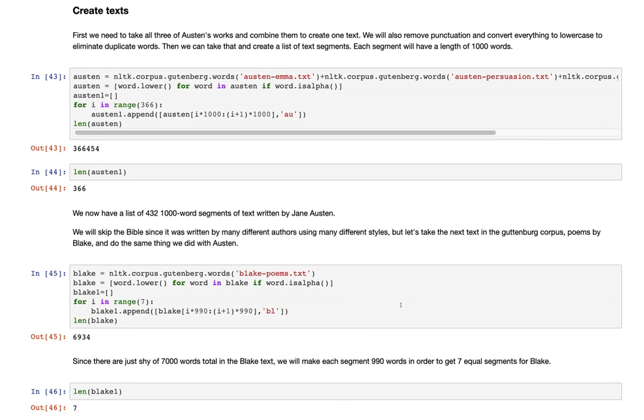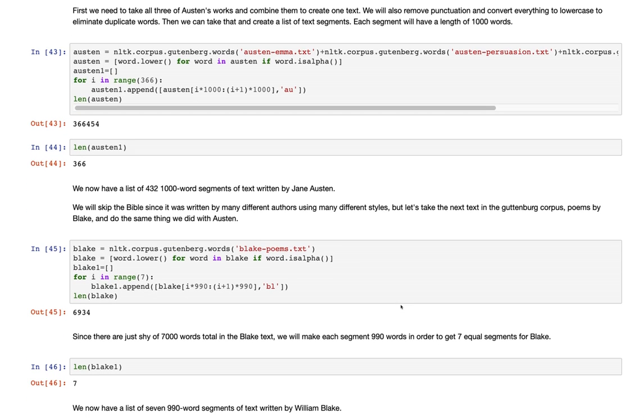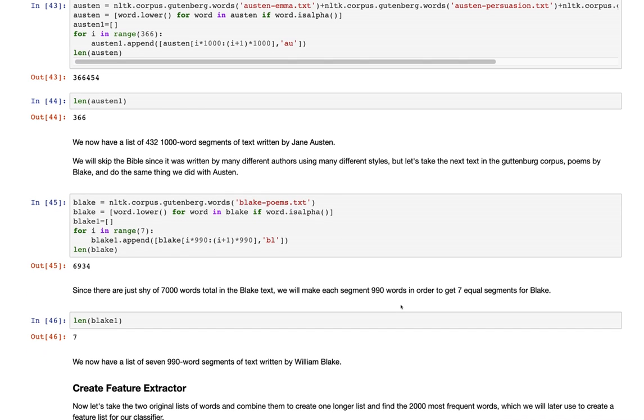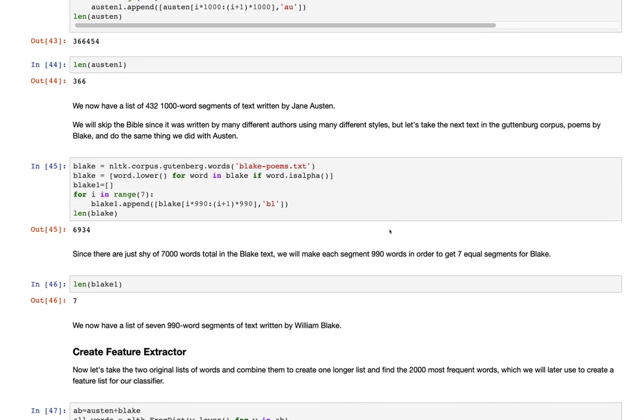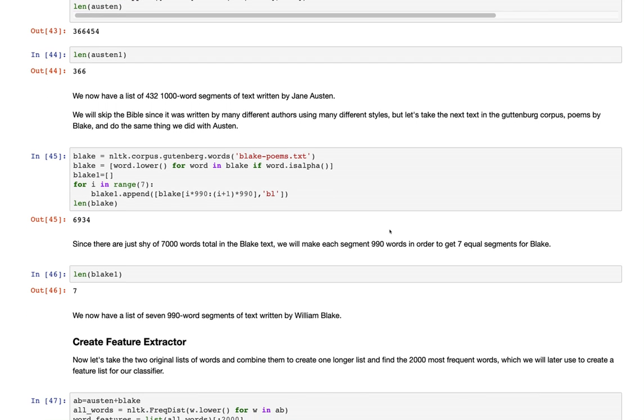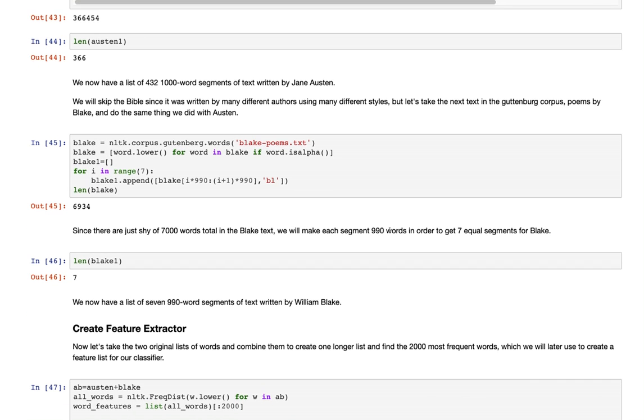We did the same thing with Blake, skipping the Bible because it has many different authors. And for Blake, we wound up with only 7 segments, which had to be a little bit shorter just so we could get 7 segments out of it. They're 990 words.